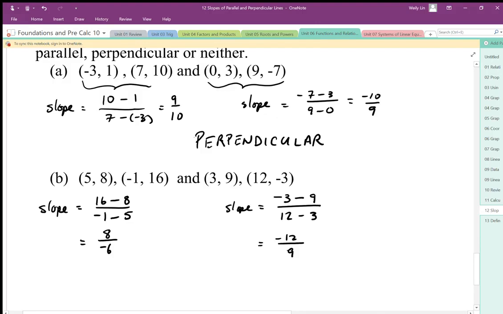However, when we simplify this ratio, it simplifies to 4 over 3, and we'll put the negative up top because it doesn't matter if the negative's on bottom, top, or side. If we simplify this, divide by 3, we get negative 4 over 3. So since the slopes match, although the ratios were not the same, when we simplify the ratios they are the same. So these must be parallel.